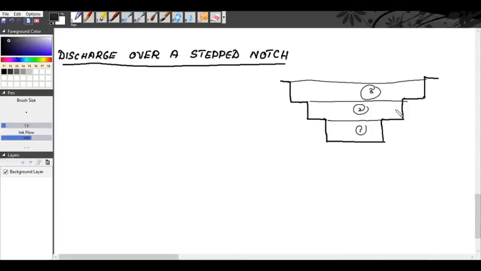So we can measure the head from the bottom. From the bottom to the top can be taken as H1, this can be taken as H2 and this as H3.